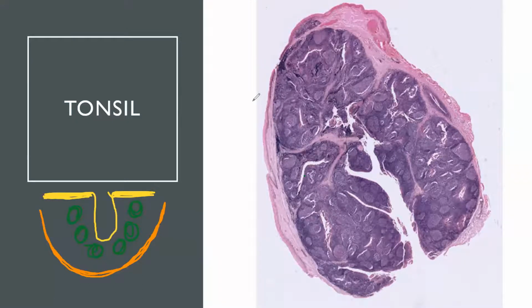And if you pay attention in this picture, you can see the capsule. This region is the epithelium, and it invaginates inside and makes tonsillar crypt for you. Around the crypt, you have many lymphatic follicles.